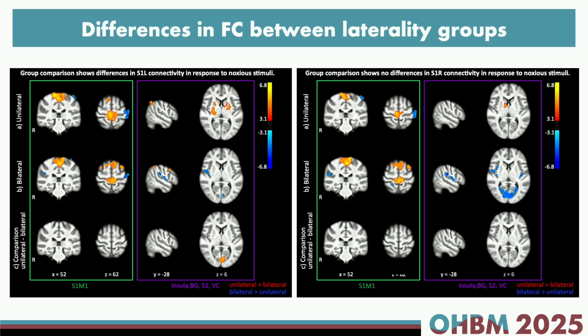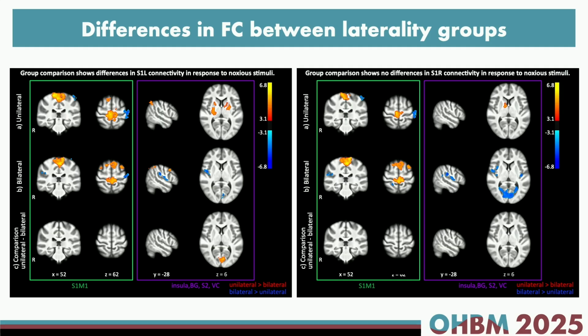And we used two different seeds, the left and the right S1 that we found in our prevalence analysis. So when looking at the result of the left S1 here, we can see that we have a significant difference in the functional connectivity between S1 and the visual cortex in favor of the participants activating S1 unilaterally.